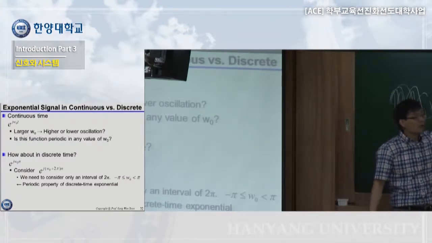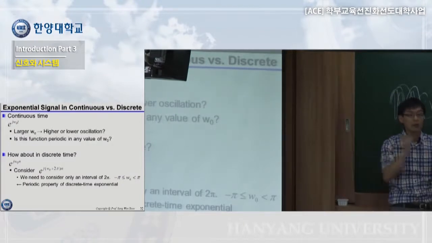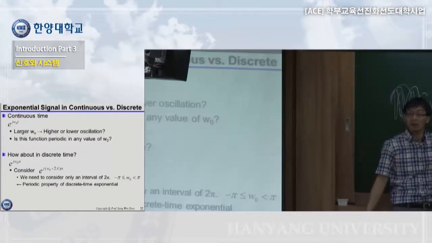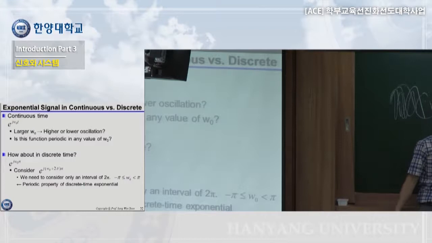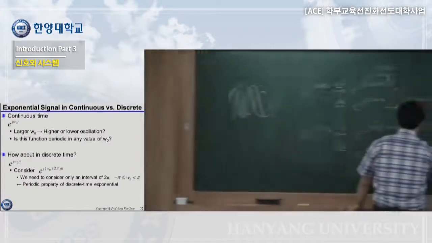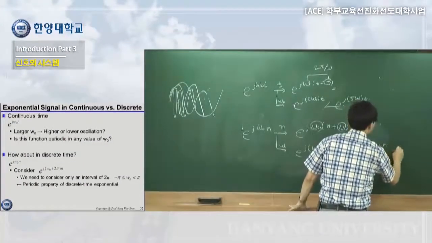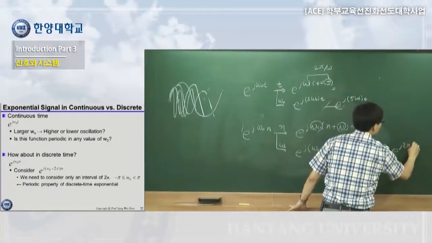In here, we say if you change the frequency, either increase or decrease, right? In here, we are increasing the frequency. We have a frequency plus a certain value to increase the frequency. What happens? In here, e^(j omega_0 n) times e^(j 2 pi n).